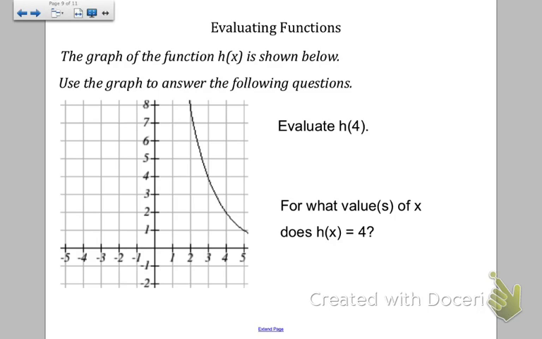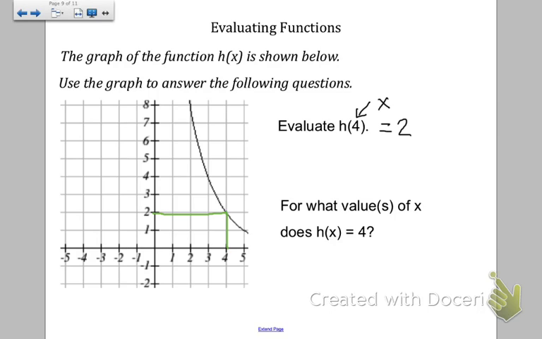What we need to do is remember that this 4 represents an x. If we go to 4 on our x-axis and follow it up to the graph, and then follow it left to the y-axis, we're going to see that h of 4 equals 2.